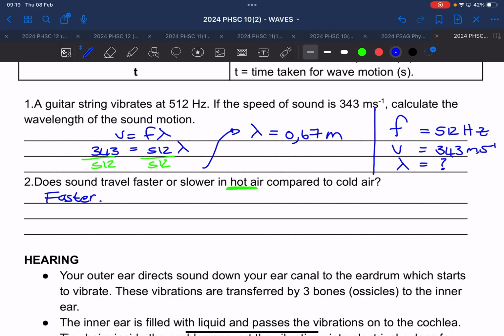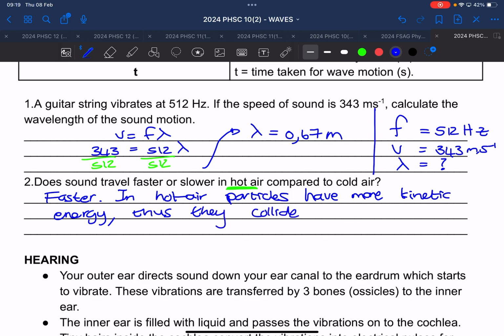Yes, so you're going to say in hot air, particles have more kinetic energy, thus they collide faster and propagate energy faster. What does the word propagate mean again? Release, transfer, give off, share.